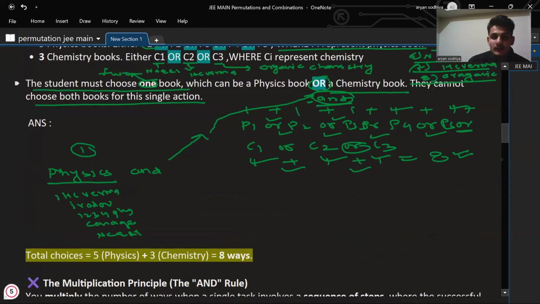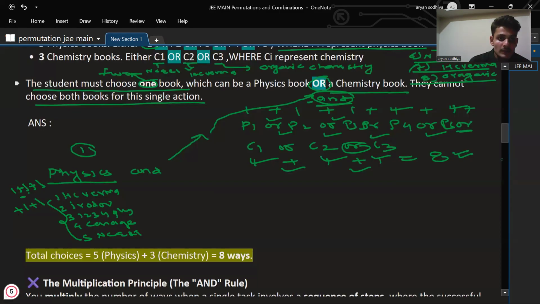That is my task. The first task I would complete first. So how many ways are there? One physics. Either I can select S.C. Verma or Errodo or 1, 2, 3, 4 physics or Singhal or NCERT. So there are 5 ways because I'm using "or": either S.C. Verma, "or" means plus, or 1, 2, 3, 4 physics or Singhal or NCERT.